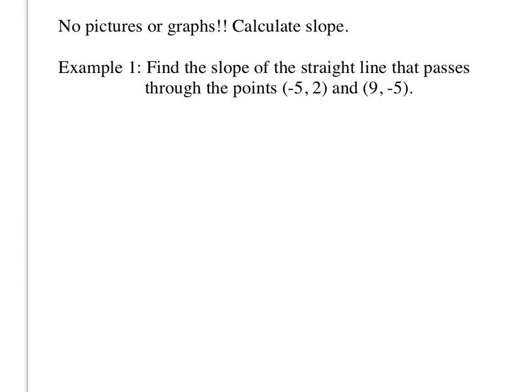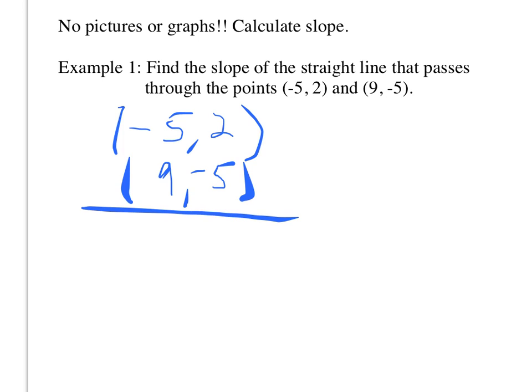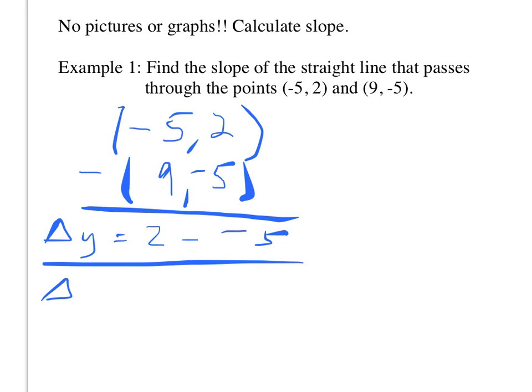So to begin this calculation, we're going to stack our points, 9, -5. Make a subtraction problem out of them. Delta y, or change in y, is equal to 2 minus -5, over change in x is equal to -5 minus 9.